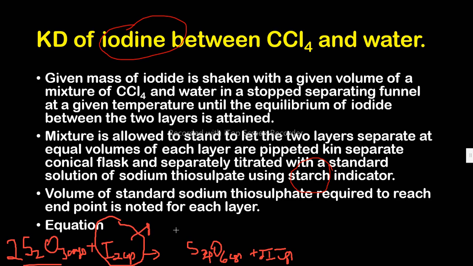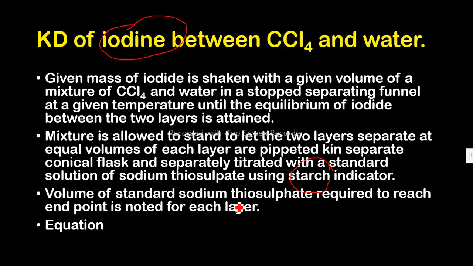And from the concentration of iodine, you can determine the Kd, the distribution coefficient, the partition coefficient of iodine in both the tetrachloromethane layer and the water, the aqueous layer. So basically, it's really simple. It is as simple as counting 1, 2, 3, 4 up to 5.